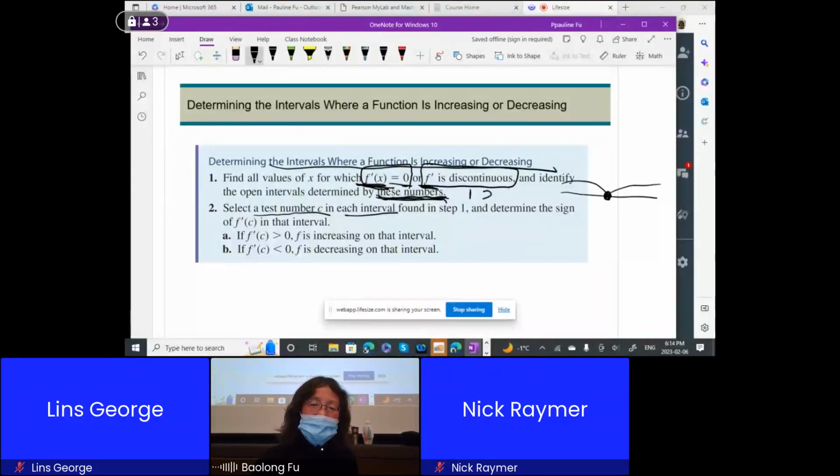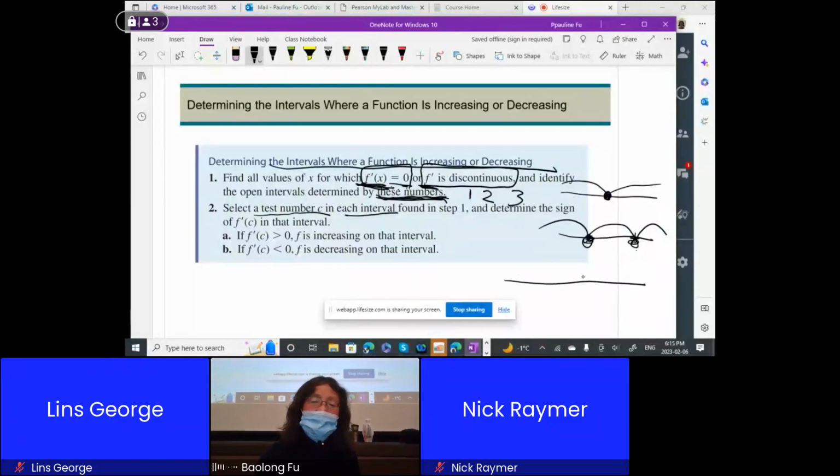And if you have 2 numbers such that the derivative equal to 0, those 2 numbers will divide the real line into 3 parts, 1, 2, 3. And if you have 3 numbers, those 3 numbers will cut the real line into 4 parts, 1, 2, 3, 4, not necessarily equal parts, okay? With 4 numbers, you have 5 intervals, okay?